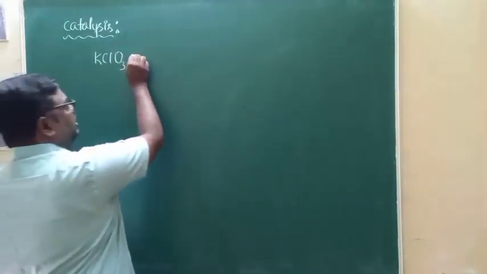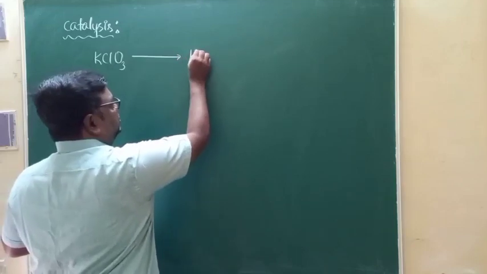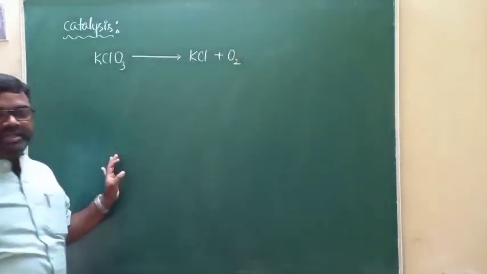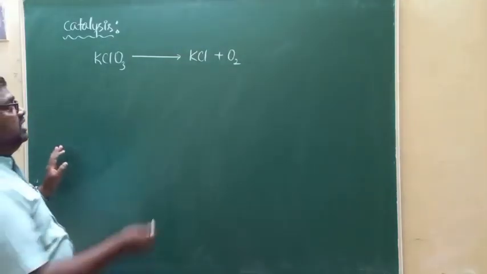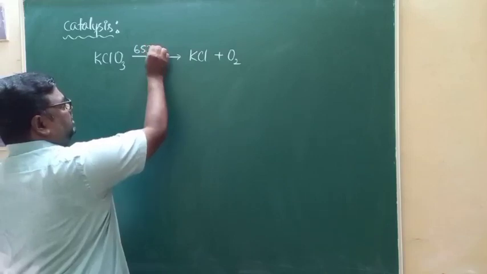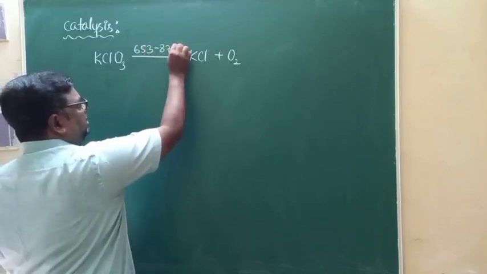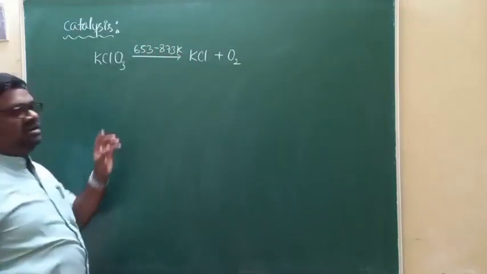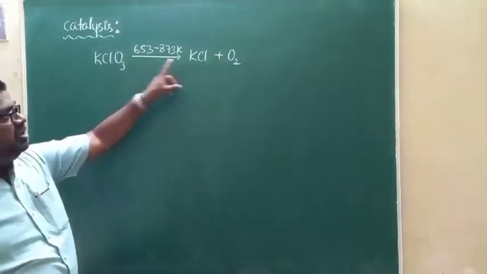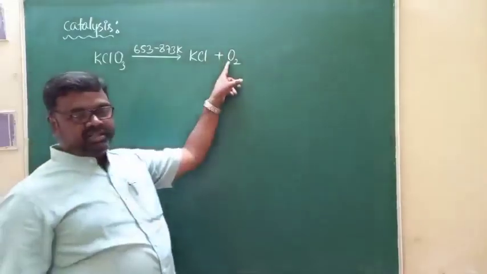When potassium chlorate decomposes, it leads to the formation of potassium chloride and oxygen. This chemical reaction takes place at a temperature of 653 to 873 kelvins. Under this particular temperature, decomposition of potassium chlorate takes place to form potassium chloride and oxygen.